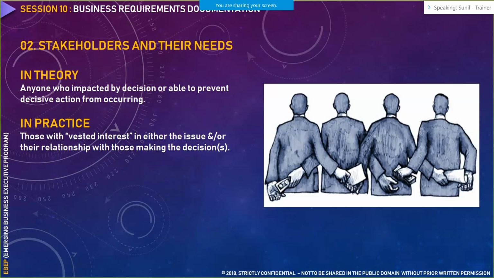Bribing is a very rude word, but indirectly, yes, you can say, because in IT projects, not everything happens officially or formally. There are things that you need to do unofficially as well, and that is what this vested interest looks like.